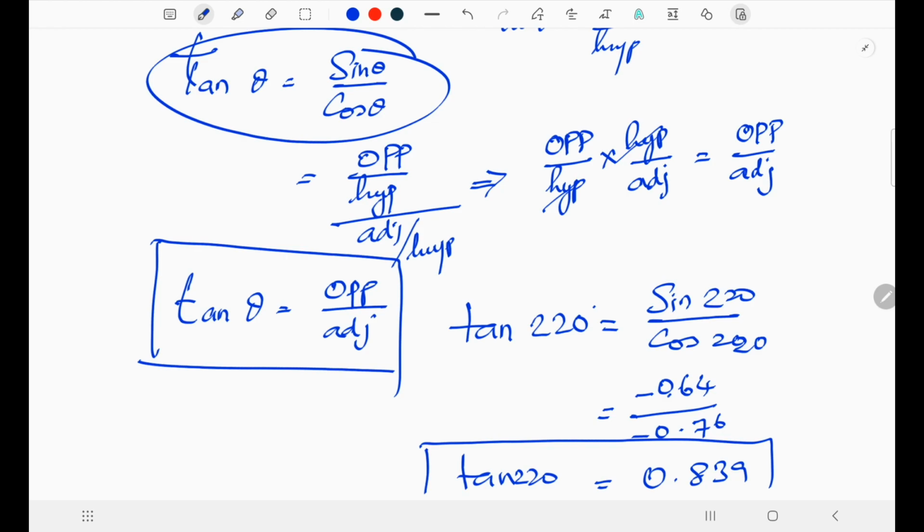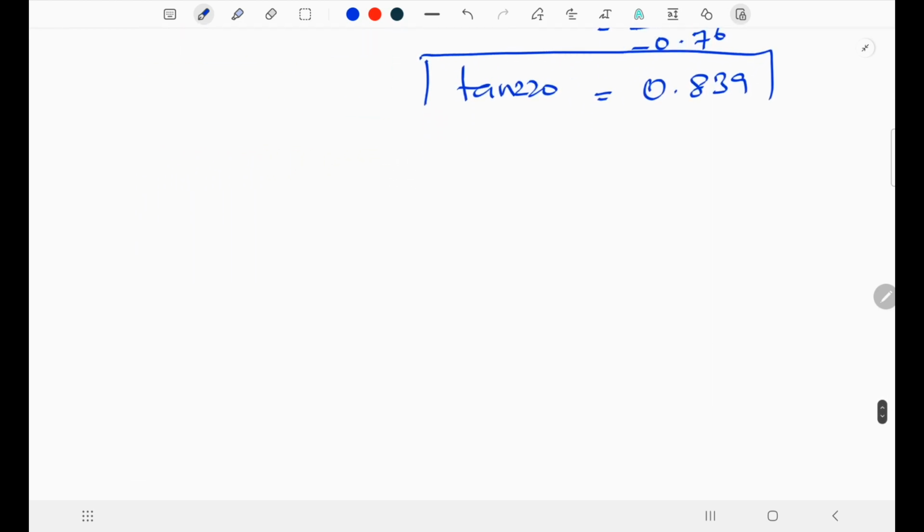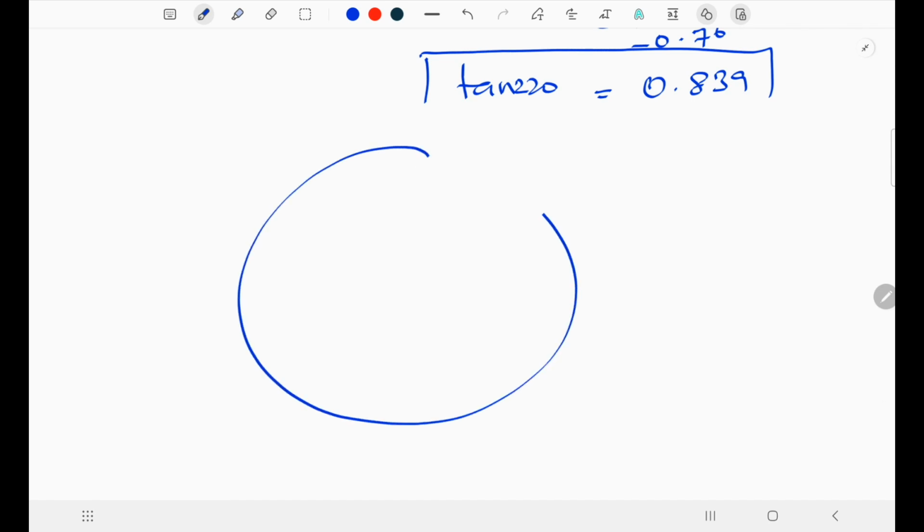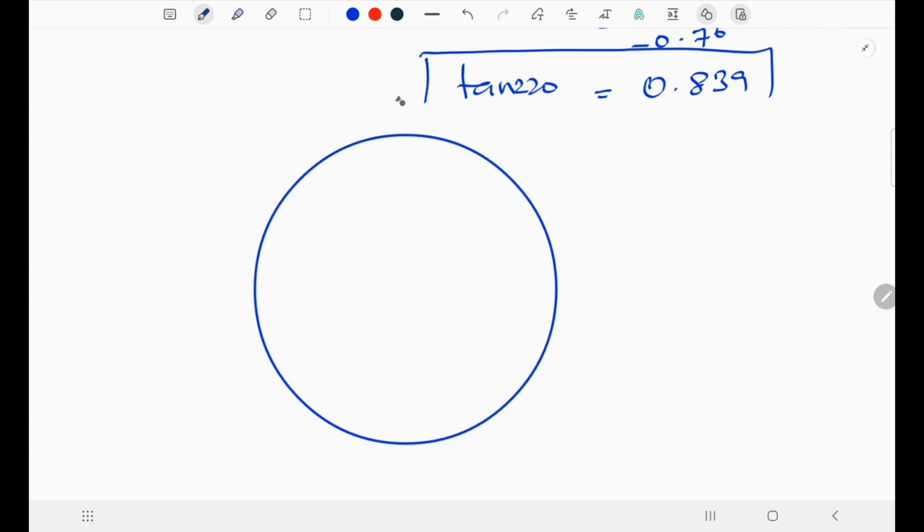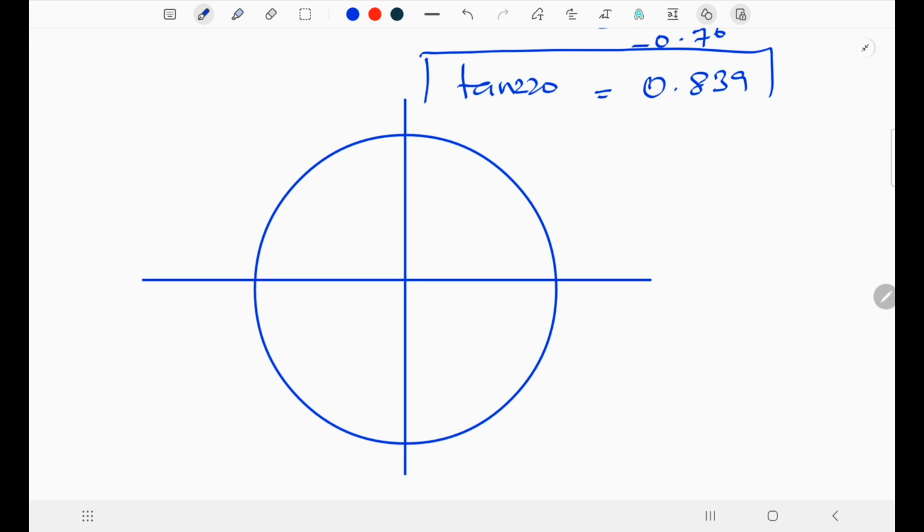Clear? Now already we have seen in which quadrant sine will be positive and which quadrant sine will be negative. Suppose I draw a line. This is the first quadrant, this is the second quadrant, this is the third quadrant, and this is the fourth quadrant.